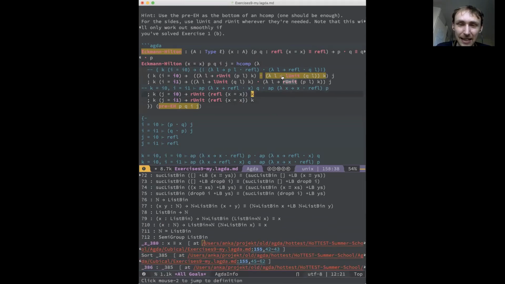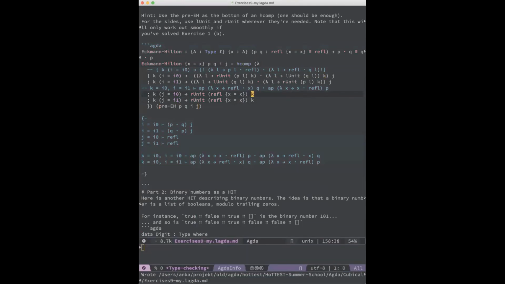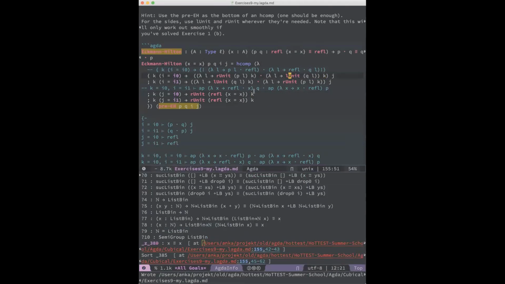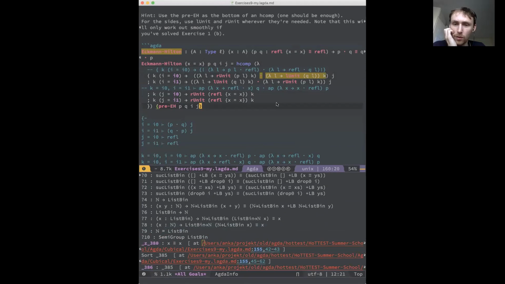Is this better now? No, seems like this and this complain. Oh, that's odd. So why is it being cranky? That's kind of strange. So it's cranky for you, but not for me. Maybe it's because I have a different definition of L unit and R unit.